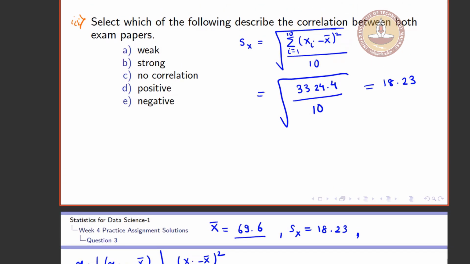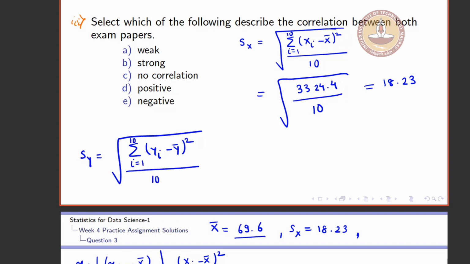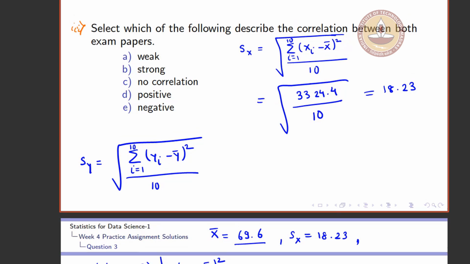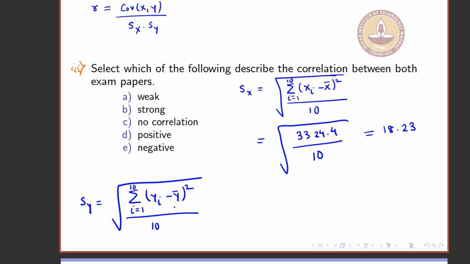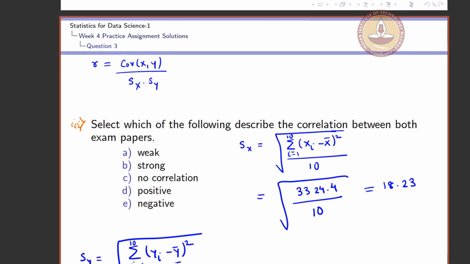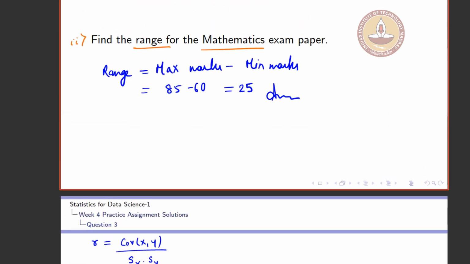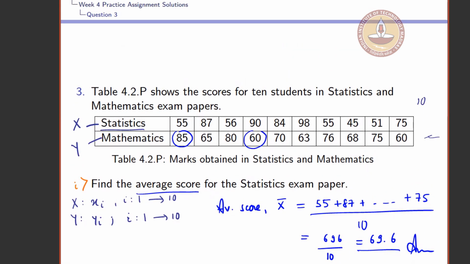Now let's calculate Sy. So for Sy, let's write the formula. So Sy is going to be under root of sum over yi minus y bar whole square, where i is varying from 1 to 10, divided by 10. So we need to find the average score in mathematics exam paper, because y represents the marks obtained by students in mathematics exam paper. So let's calculate the average.